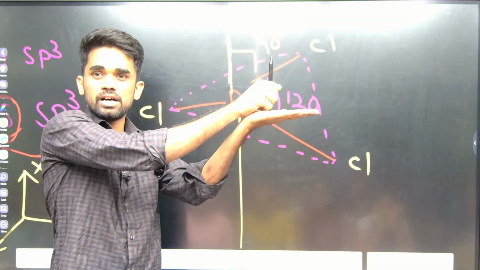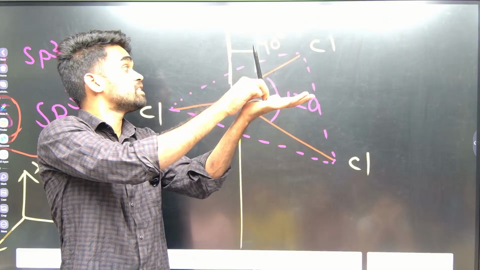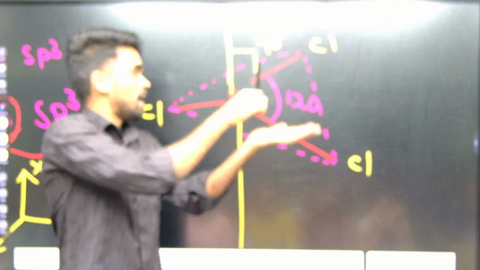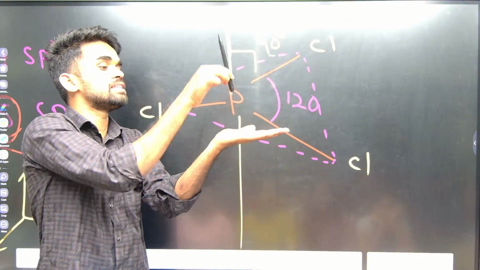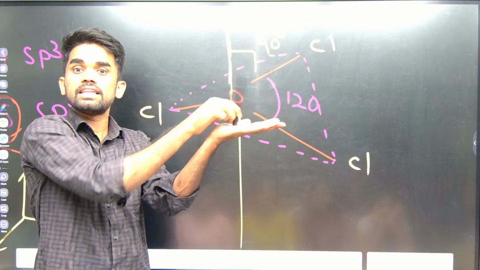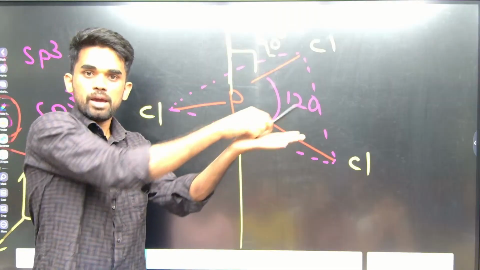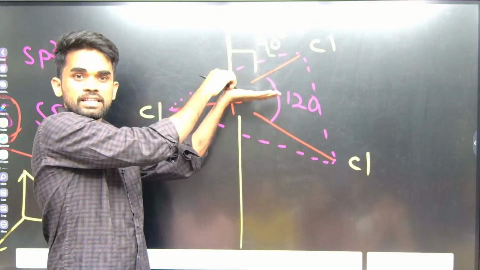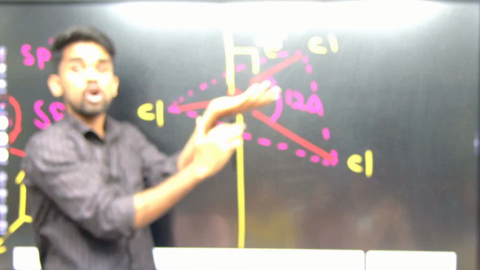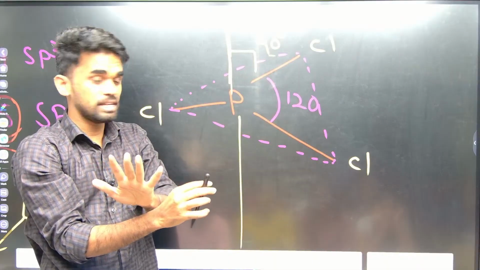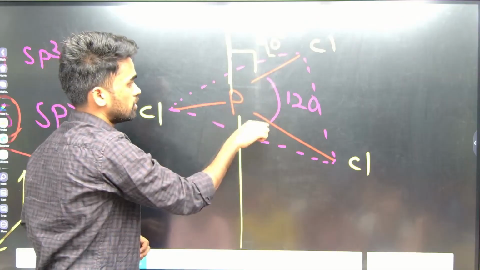With this bond, this bond is perpendicular at 90 degrees with how many bonds in the equatorial positions? How many bonds are there in this plane? The red color ones, 3. With all those red color lines, this yellow color line is 90 degrees only. Like that, how many are there? Above 3 are there now. Above 3 at 90 degrees, below 3 at 90 degrees. So how many 90s are there? 6 90s. How many 120s are there? 3 120s. 1, 2, 3.